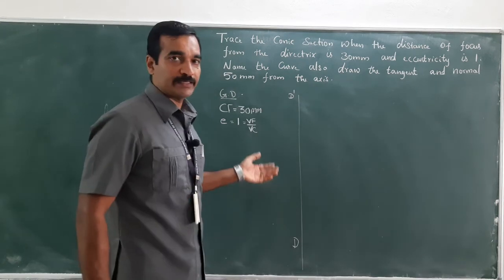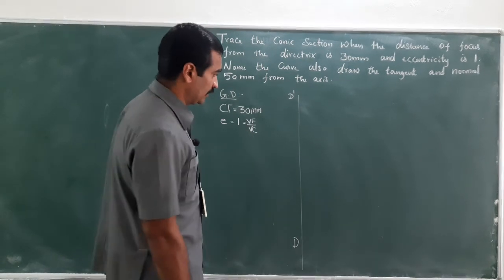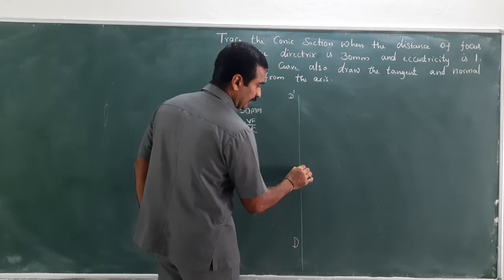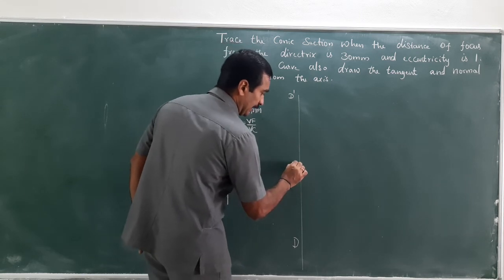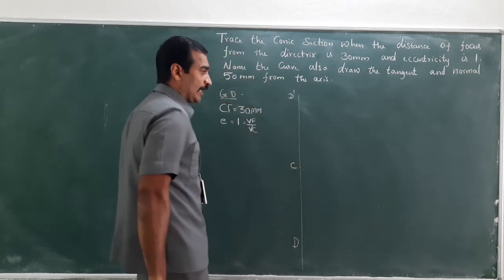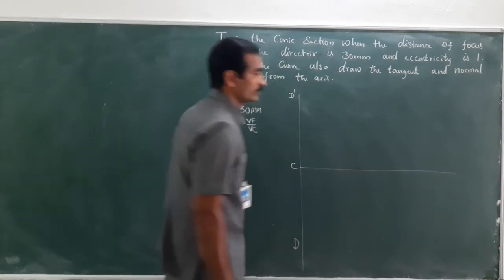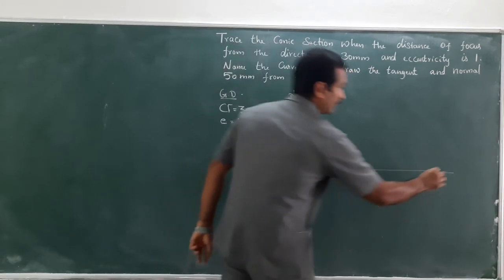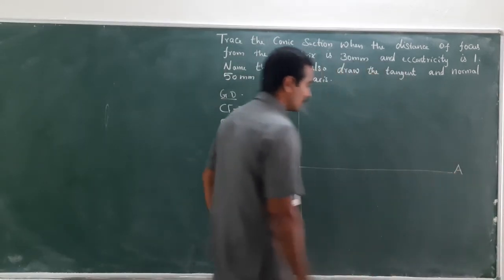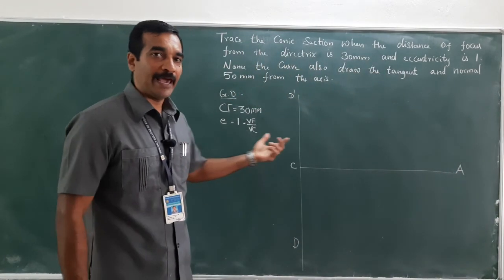The other name of directrix is fixed straight line. Now, choose a point on the directrix and name it as C. Draw a line perpendicular to the directrix. This can be named as A. So, CA is nothing but the axis.